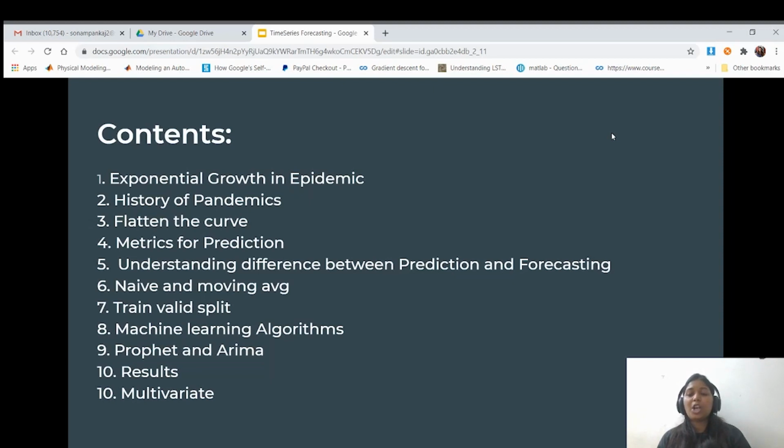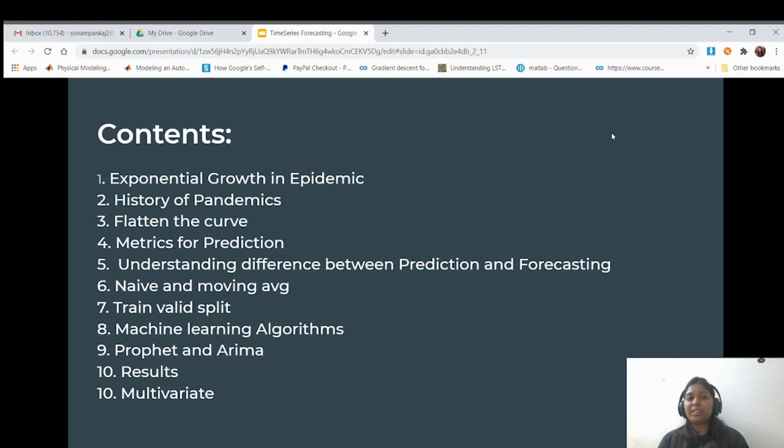Metrics of prediction. We are using various algorithms for prediction and forecasting, and to measure the accuracy we will be using RMSE, which will be the metric of prediction. Understanding the differences between prediction and forecasting. Often my friends get confused about the difference between prediction and forecasting.